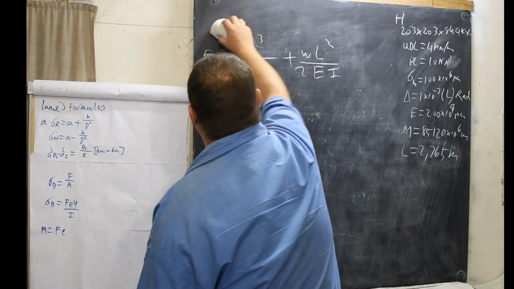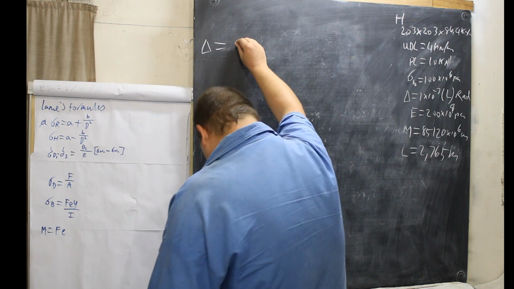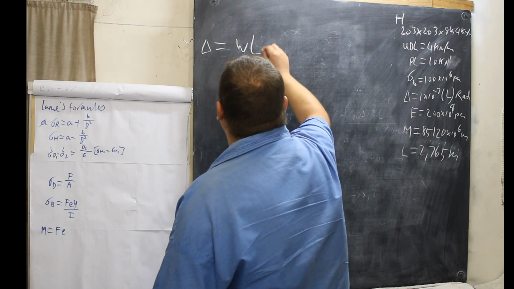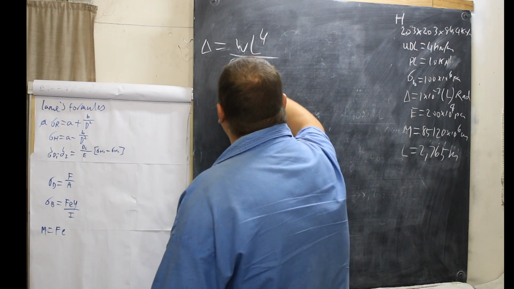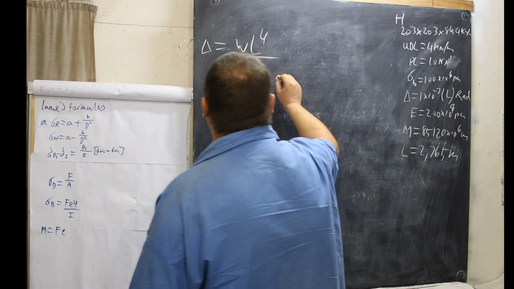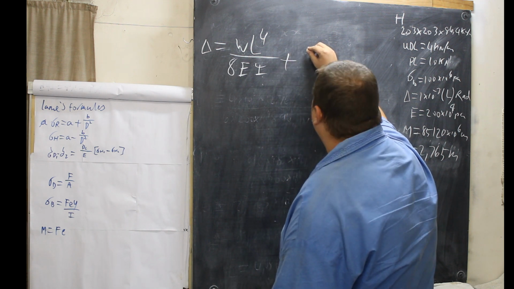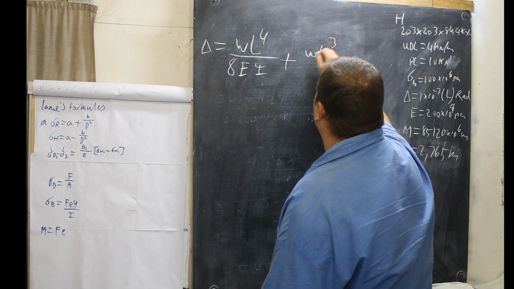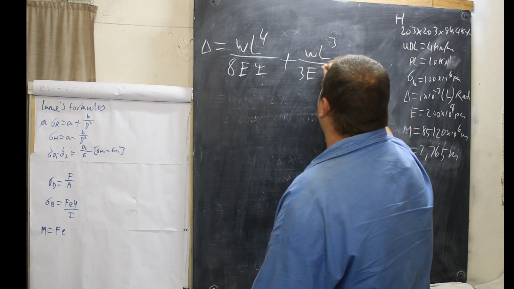Next is what we're going to do. So deflection equals WL to the power 4 over 8 EI plus WL cubed over 3 EI.